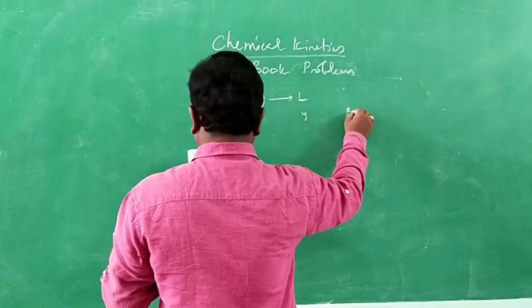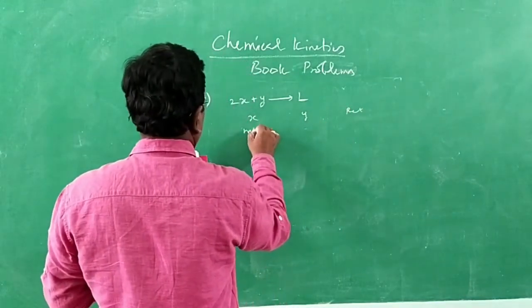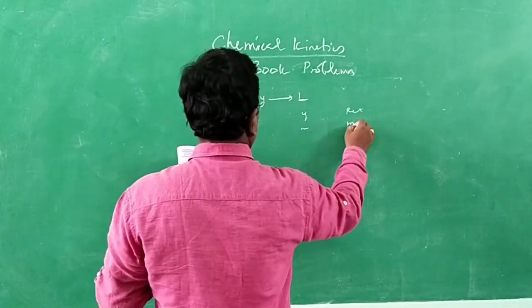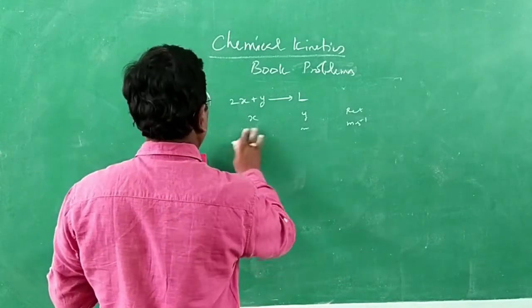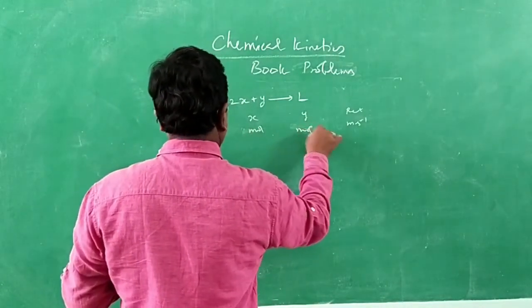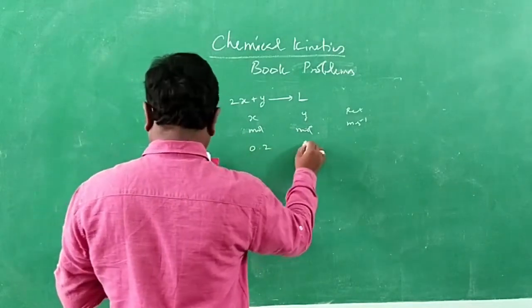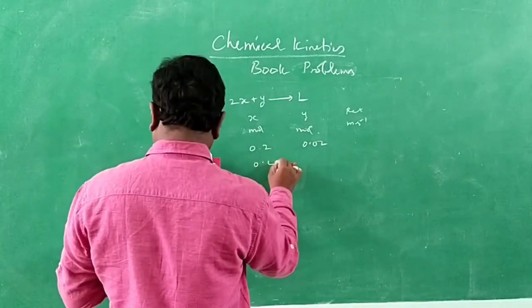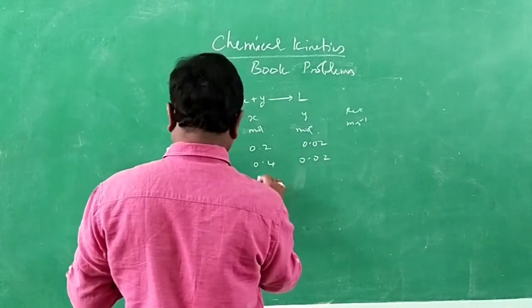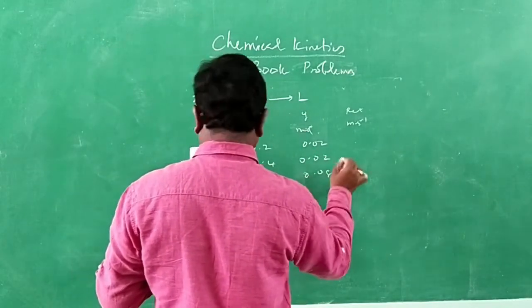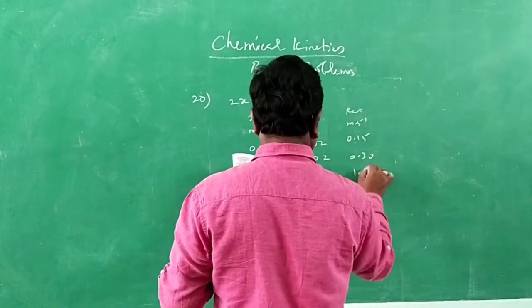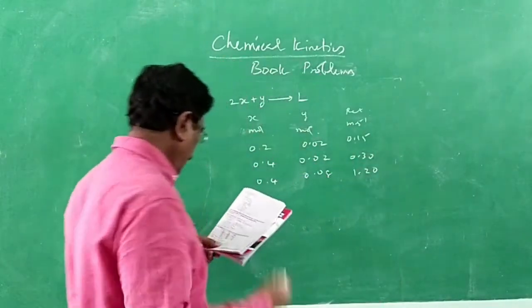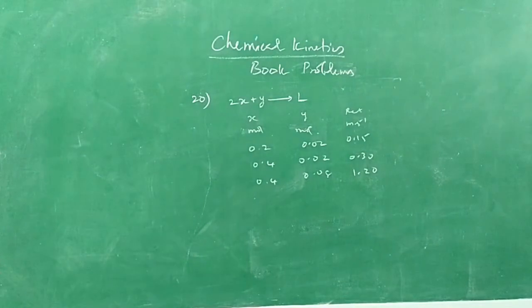Concentration of X and Y in mole per litre, and rate in mole per litre per second. 0.2, 0.02; 0.4, 0.02; 0.4, 0.08, and the rate is found to be 0.15, 0.30, 1.2. What does it mean? They are asked to find the rate constant from the following data.